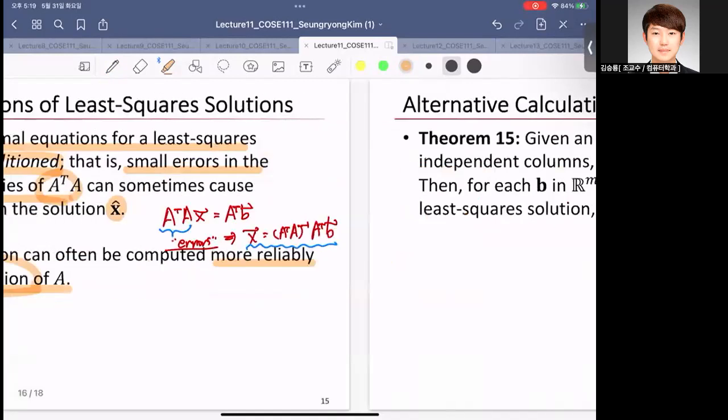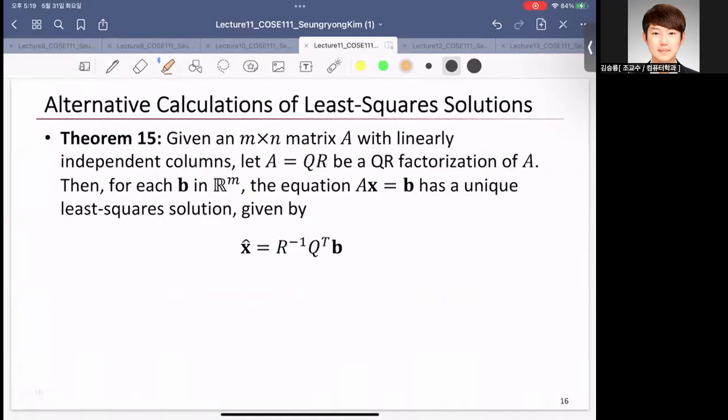So, here, this is theorem 15. Given an m by n matrix A with linearly independent columns, we already know matrix A can be decomposed as a QR factorization, A = QR.